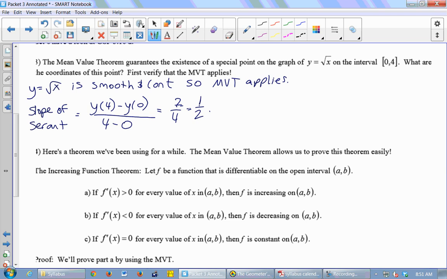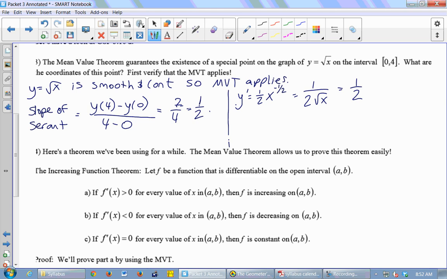Because I want to know what x value, so I'm going to be solving for x, will give me a slope of a half. So I'm going to take the derivative. Y prime is going to be 1/2 x to the negative 1/2, or 1 over 2 square roots of x. And I want to set it equal to 1/2.